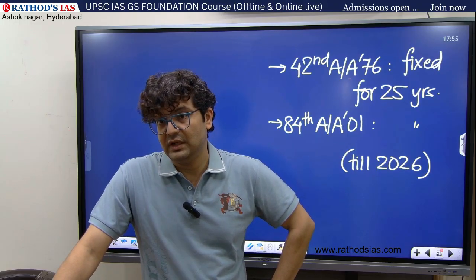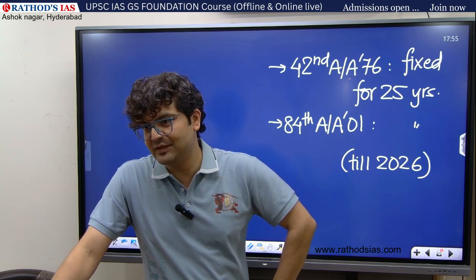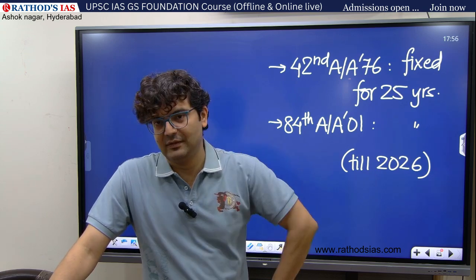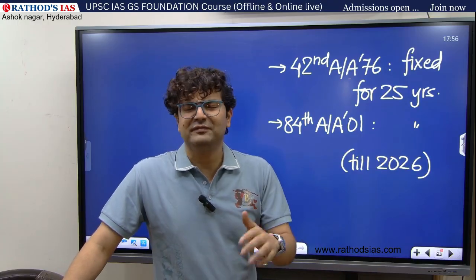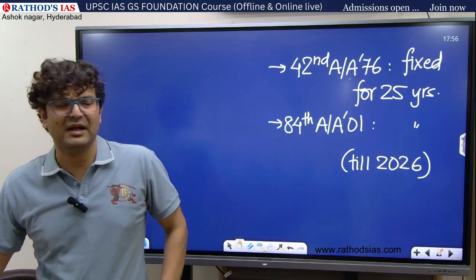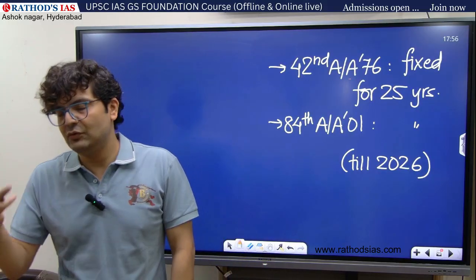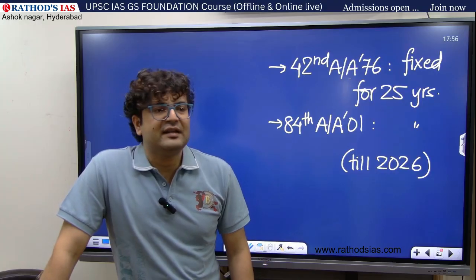Double income, no kids. Both the couples work, but they don't want to have kids. They'll have a dog, but not a kid, because of rising expenditure costs, whatever the reasons are, etc. Maybe they have seen Bagban, but actually you would not know what is Bagban. Okay, so that's the whole point.